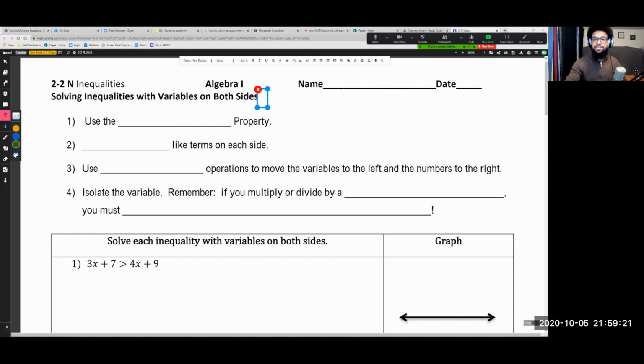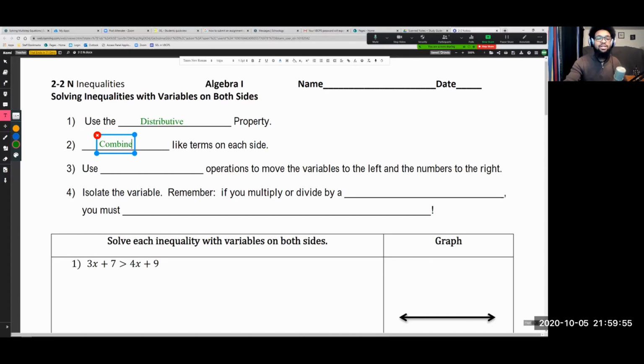So let us begin. When we want to solve inequalities with the variables on both sides, we are going to use the distributive property first. That's going to be our first step. Once we have distributed anything that we need to distribute, then we are going to combine our like terms, add them up, subtract them, whatever is going to be happening.